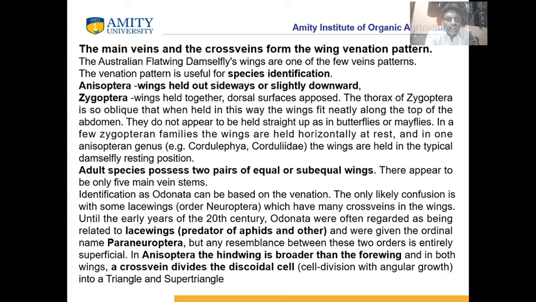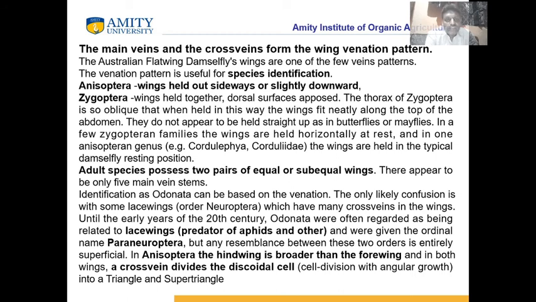The Australian flat-wing damselflies wings are one of the few vein patterns. The venation pattern is useful in species identification. Anisoptera: wings held out sideways or slightly downward.